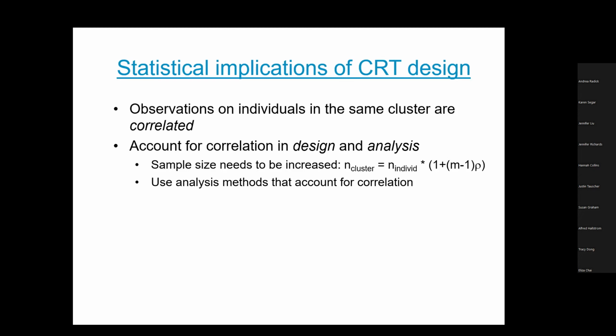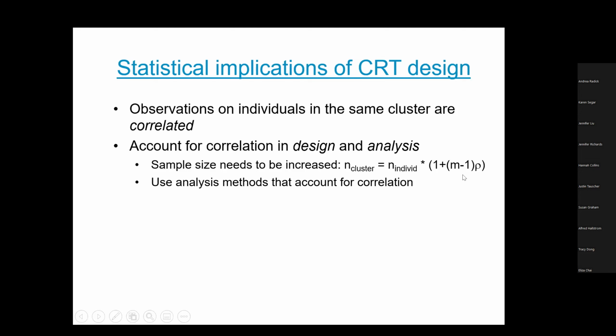There's one real simplistic rule of thumb for the simplest sort of cluster randomized trial, where the total number of individuals that you enroll in a cluster randomized trial is equal to the number of individuals you would have in a comparable individually randomized trial times this multiplier, or design effect.